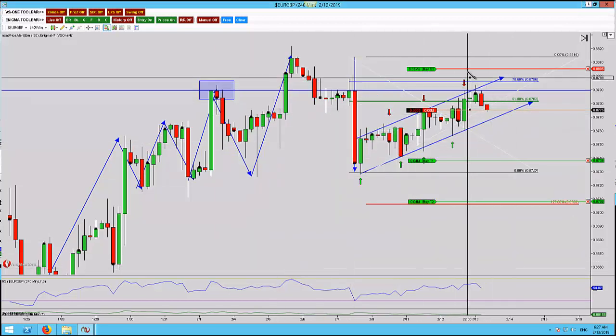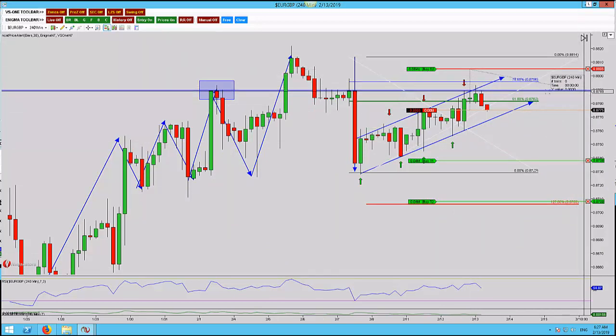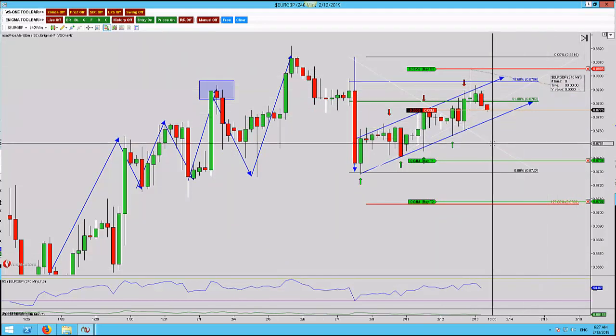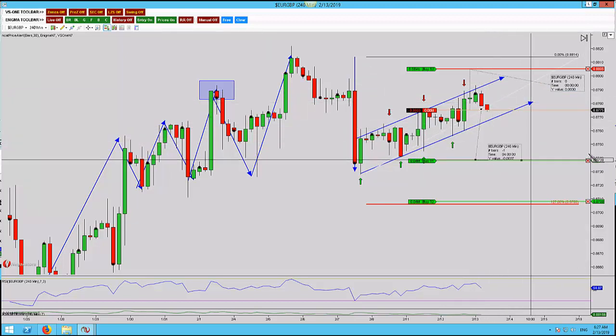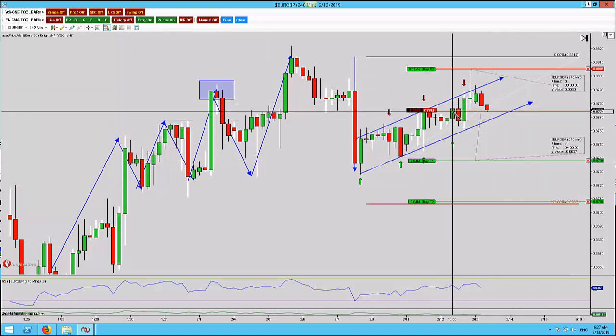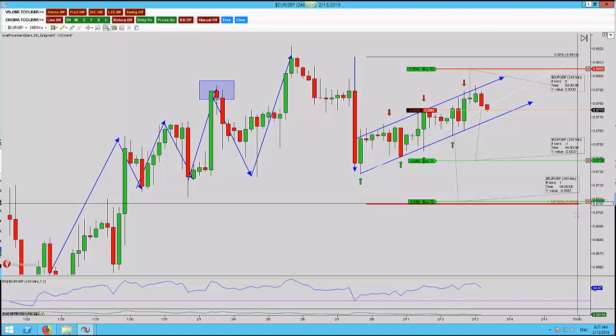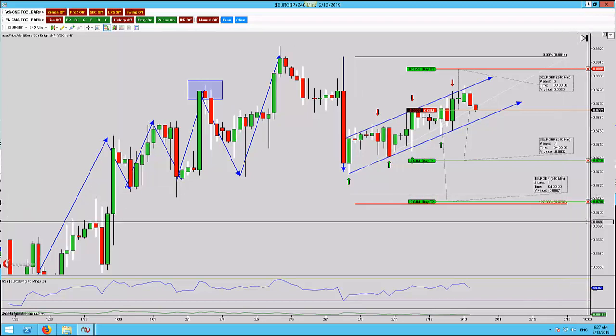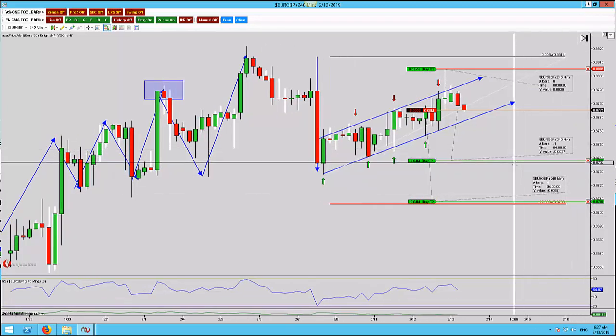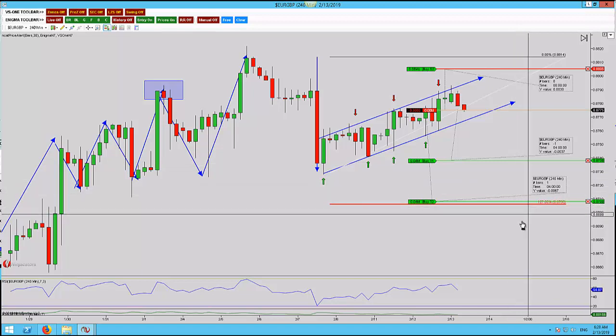So in terms of risk then, we're looking at 30, and in terms of the reward, 37 to target ones, 67 to target twos. I am front running both targets by around 3 pips.